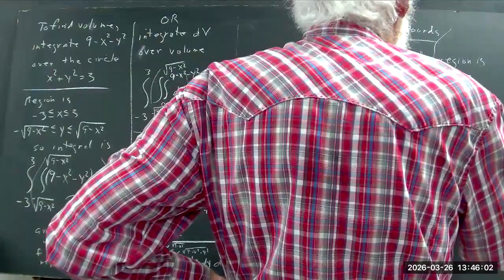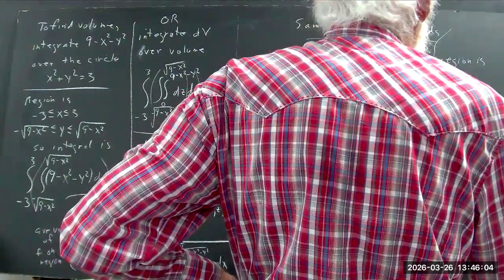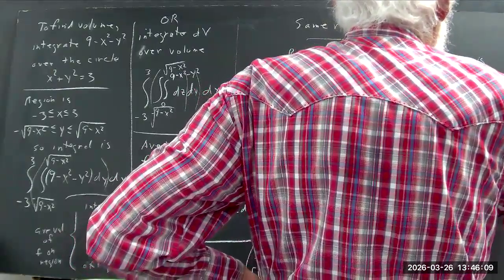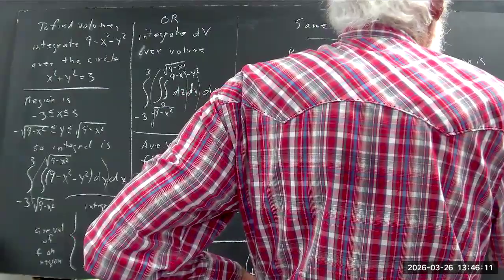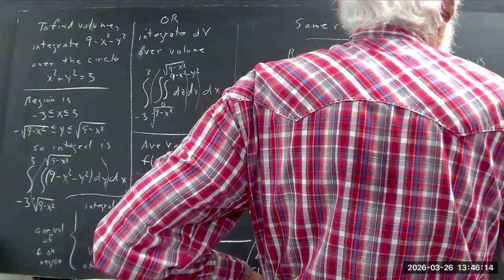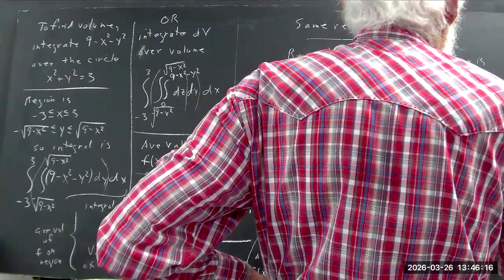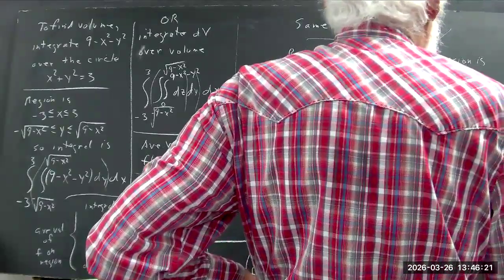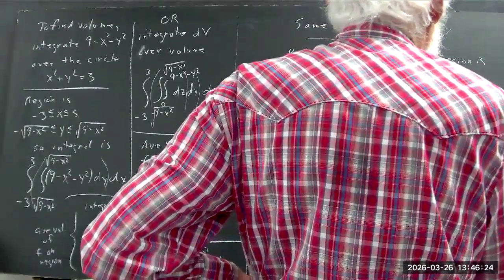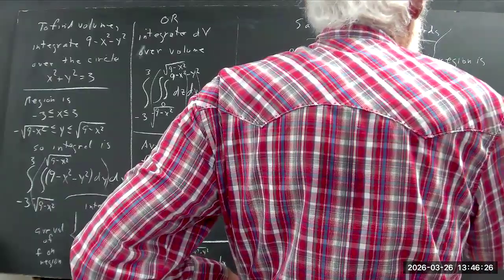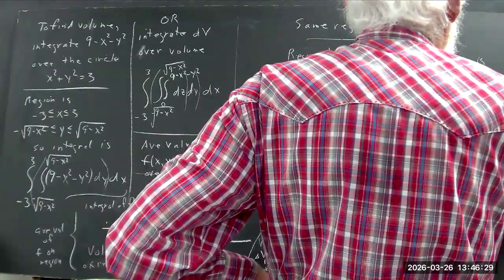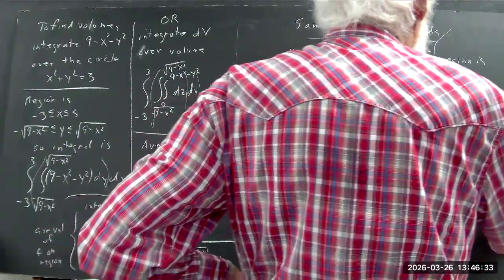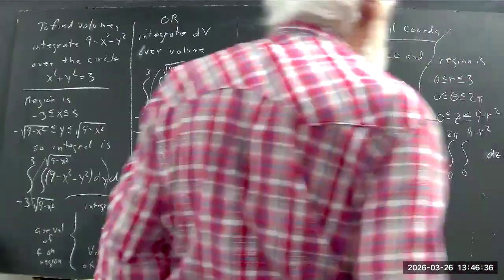So we get the integral from 0 to 9 − r², that's with respect to z, and then from 0 to 2π with respect to θ, and from 0 to 3 with respect to r.